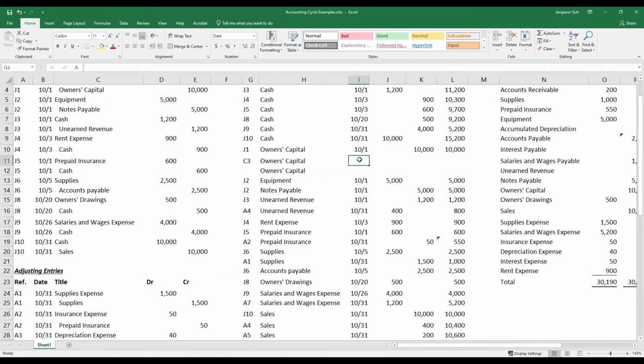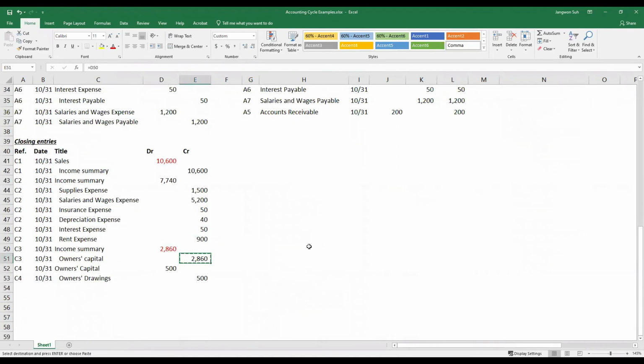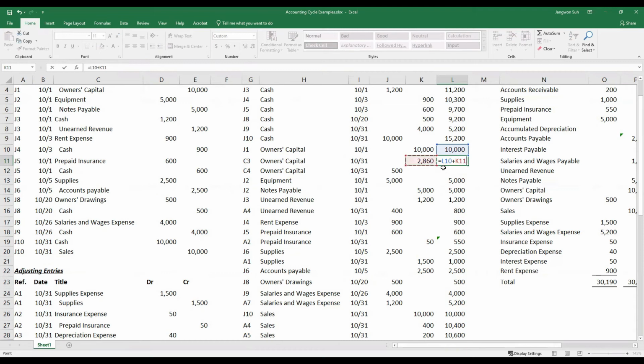Owner's capital has been increased by 2860, and then decreased by 500, right? So your balance is the beginning balance plus credit minus debit, giving you 12,360 as your ending balance, right?